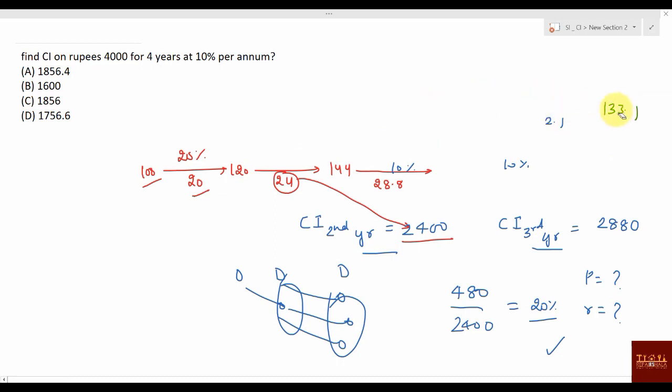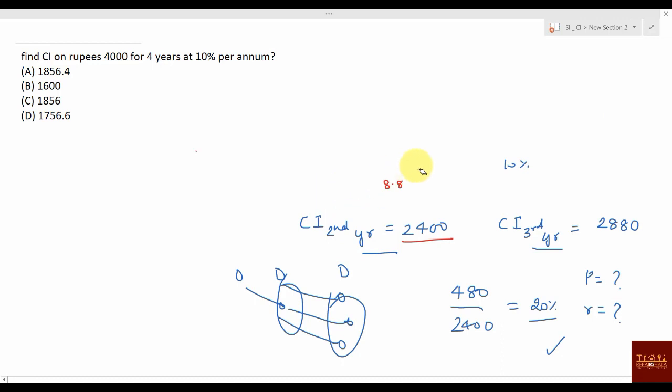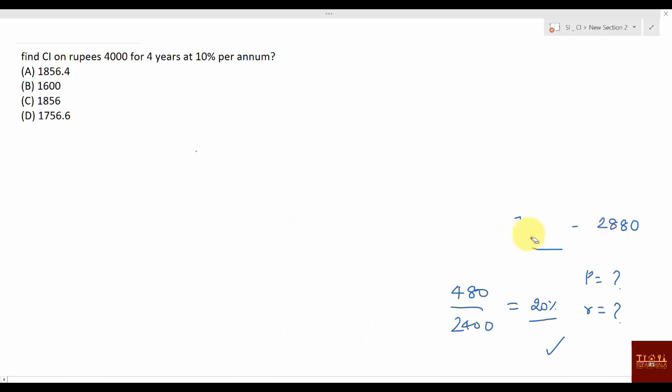Now, how will you find the answer for this question, which is given here? Generally, they will never ask you for 4 years, but for understanding only, I have taken this question. This is actually a CAT question. Let's see how many people are able to solve this question. You can pause the video and check how much time you are taking. If you are taking nearly 20 seconds, it's fine. If you are taking more than 20 seconds, not fine. For me, it will take just 10 seconds, not more than that.